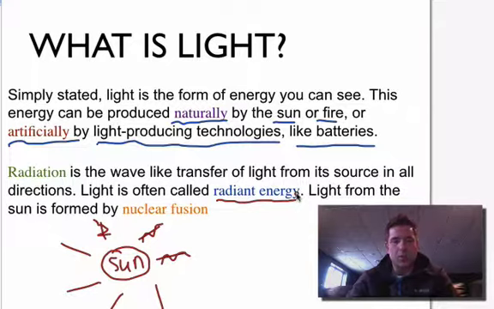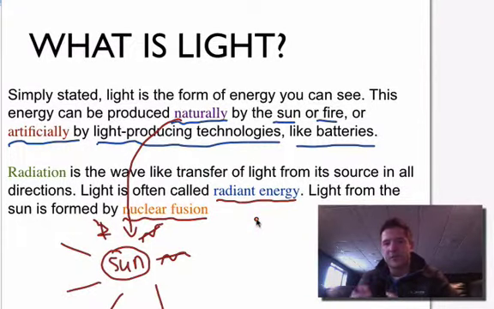So light is formed from the sun, which would be a form of natural light and energy, but it's formed from the sun in a process that we call nuclear fission.